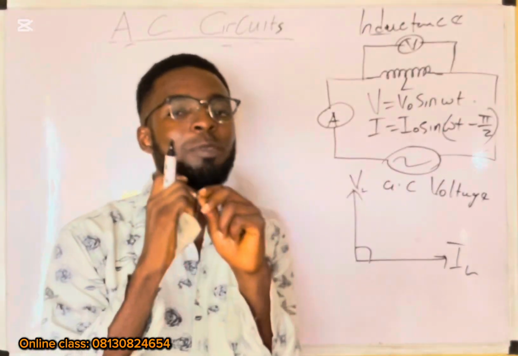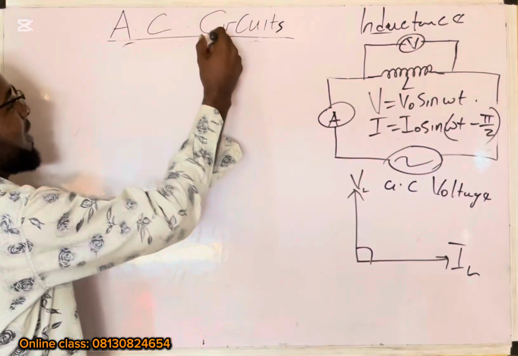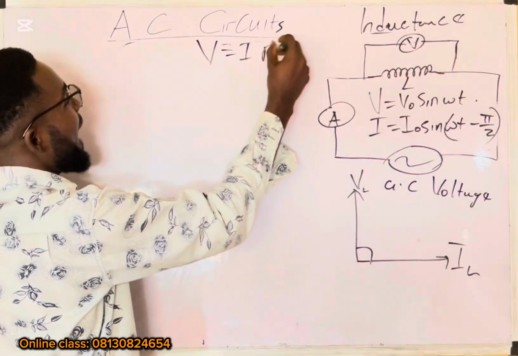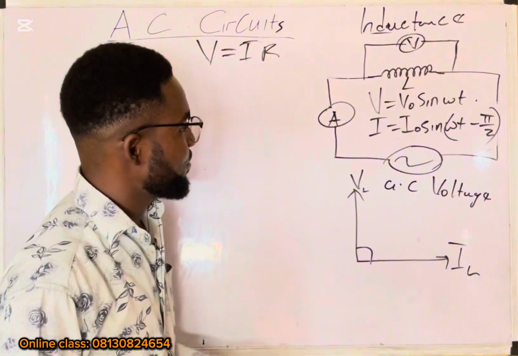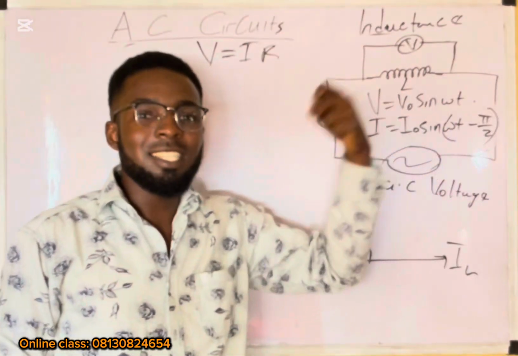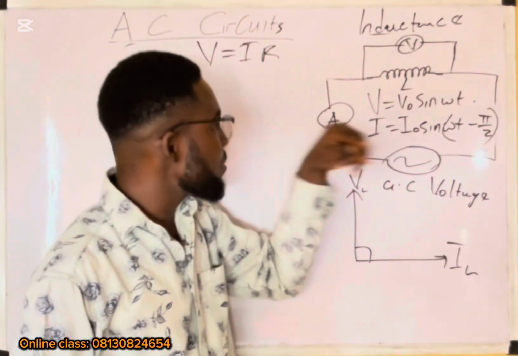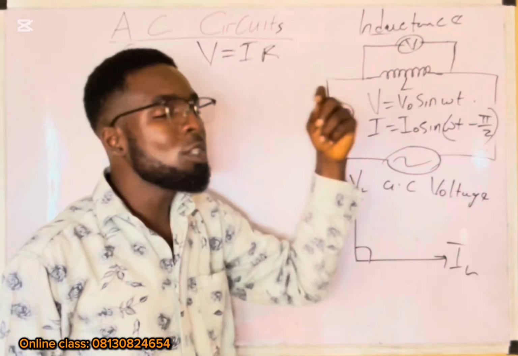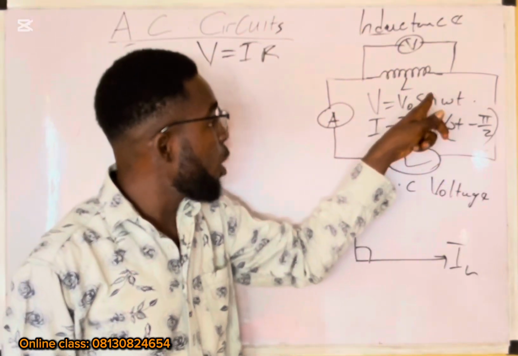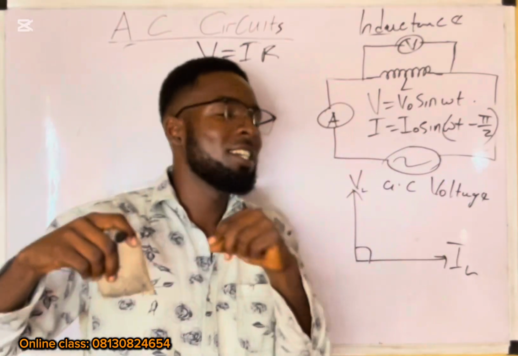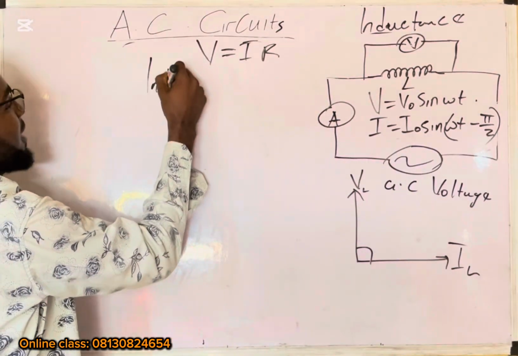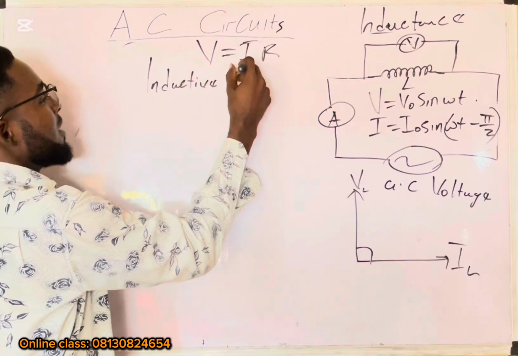Okay, let's use Ohm's law. V is equal to I times R. Now, what is the resistance right here? This inductor has the ability to oppose current also. The opposition to the flow of current in this case by this inductor is known as inductive reactance.